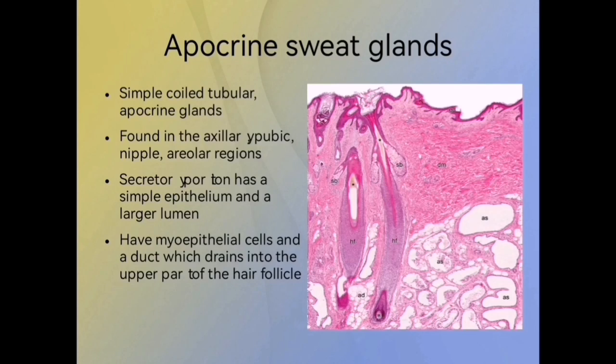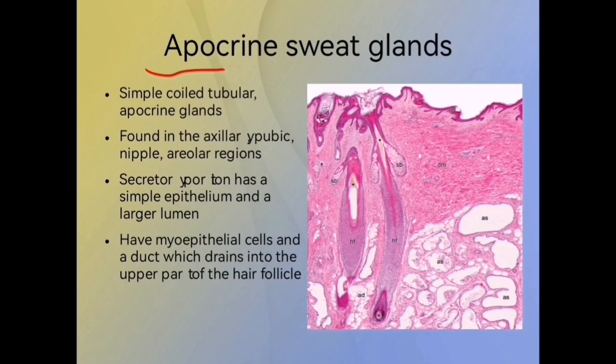Now the apocrine sweat glands. Remember, all sweat glands are simple coiled tubular. Apocrine sweat glands secrete by means of losing their apical part. From the word apocrine, they shed the apical part together with the secretion.